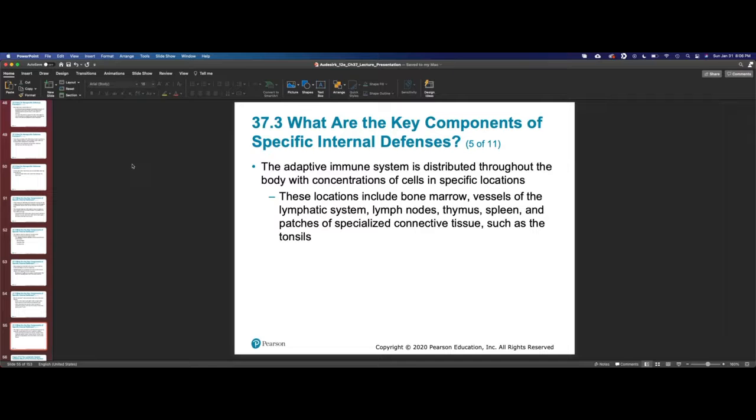And sort of this adaptive part of the immune cell system with these specialized B and T cells, they're going to actually have central hubs, essentially. Your bone marrow, which we just talked about, your lymphatic system, specifically those nodules called the lymph nodes.